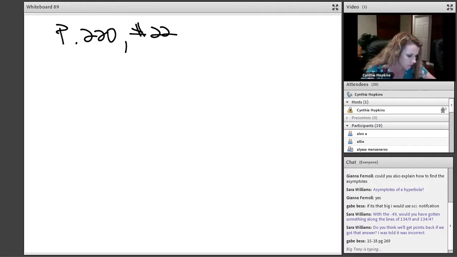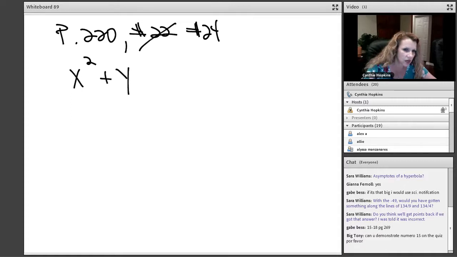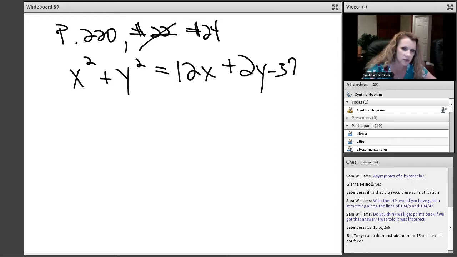I'm going to pick one of those because those are so similar. I think I'll do number 24 instead of number 22 just because there's a little something that you have to do. All right, so as soon as I see the first two terms of the original equation, I know that this is going to be a circle. Okay, and then it says equals 12x plus 2y minus 37.